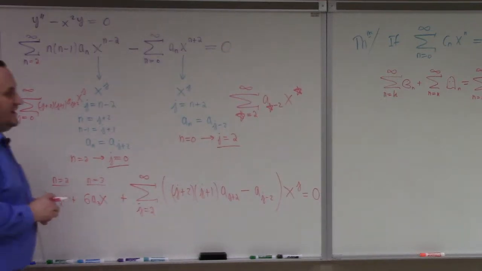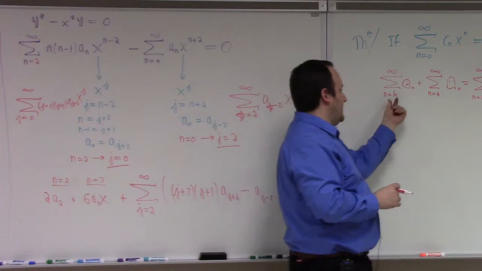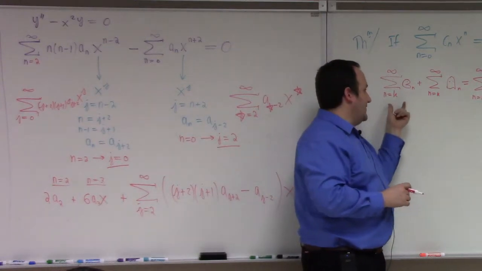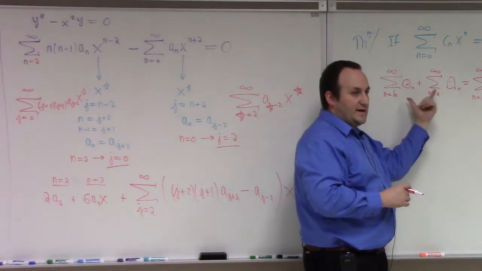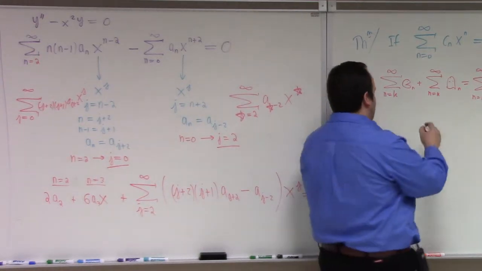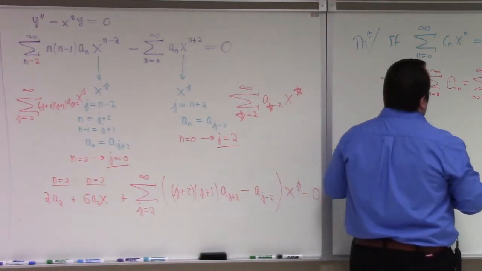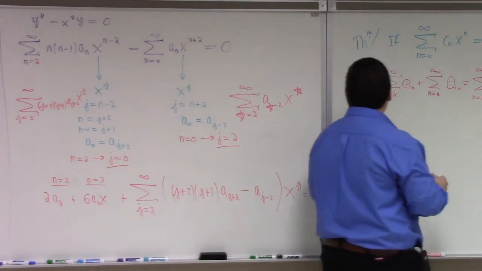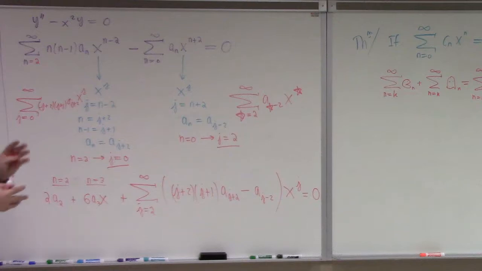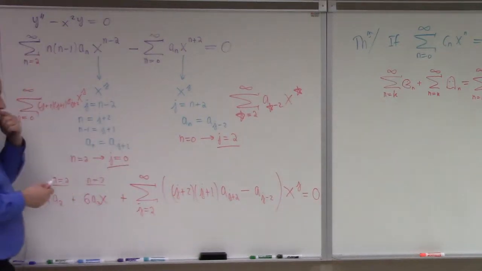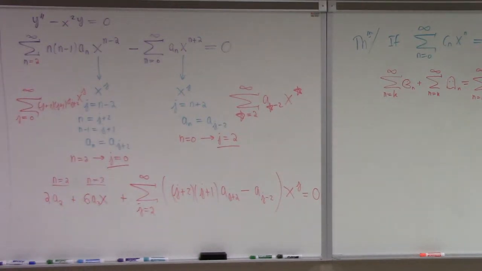So the point is, I have to make both sums have the same starting point. Once they have the same starting point and the same sort of monomial next to the coefficients, then I can add them. Now, if I had like, well, anyway. So I could put an in-between step where I use not j for both ones, but it's just a lot of extra writing, and once you understand what we're doing, I think this isn't too bad.